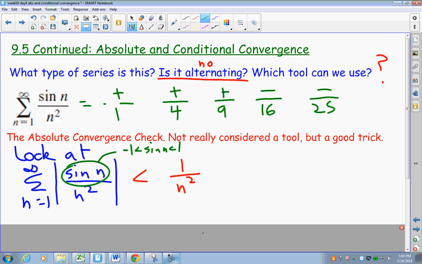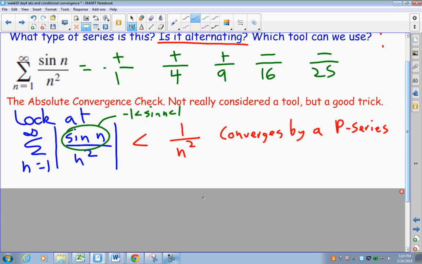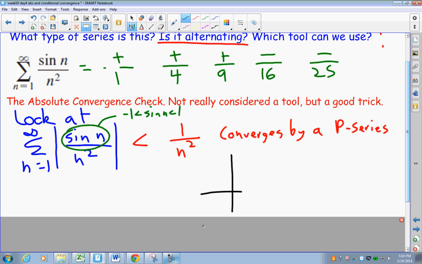So if I use the upper part of that as a 1, that thing is always going to be the upper bound, that 1 over n squared. Now 1 over n squared converges by a p-series. So I always like to draw a picture.